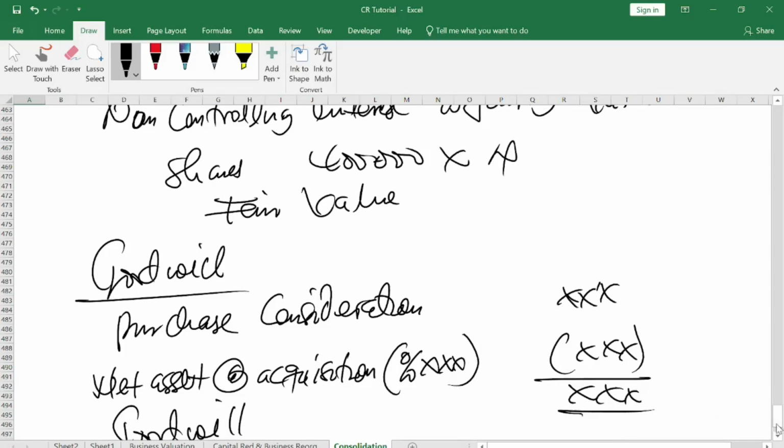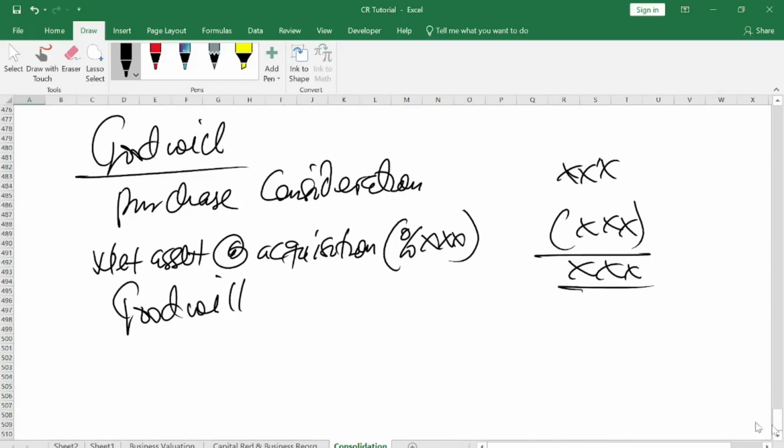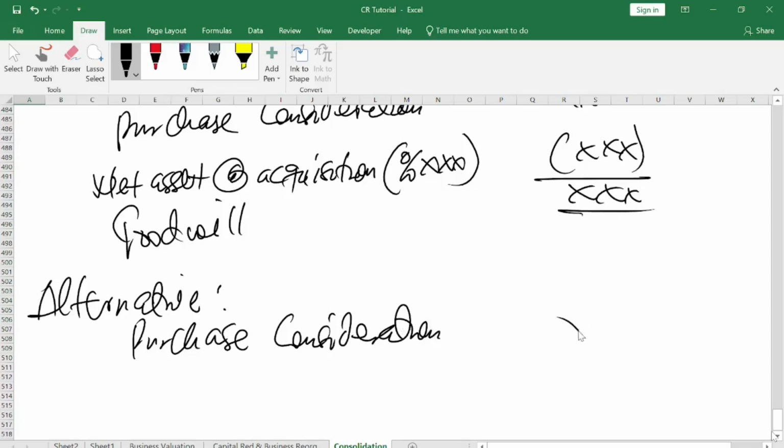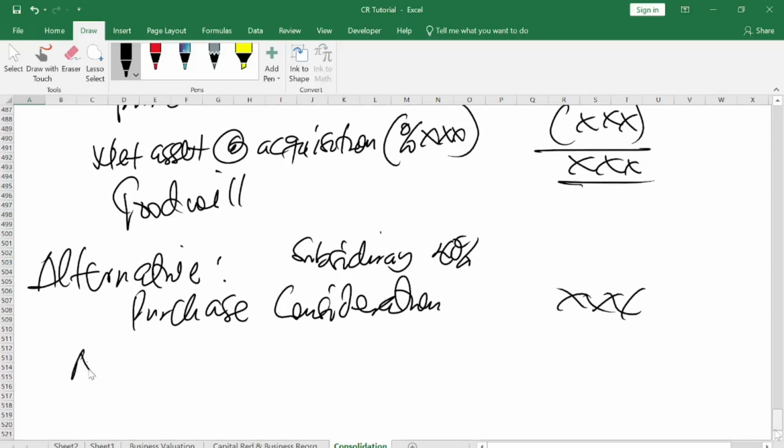But some people also have an alternative that they can do it this way, though I see that one to be long. They bring their purchase consideration, then they bring it here. So assuming the subsidiary percentage is maybe 40%, then they will say add net assets at acquisition.